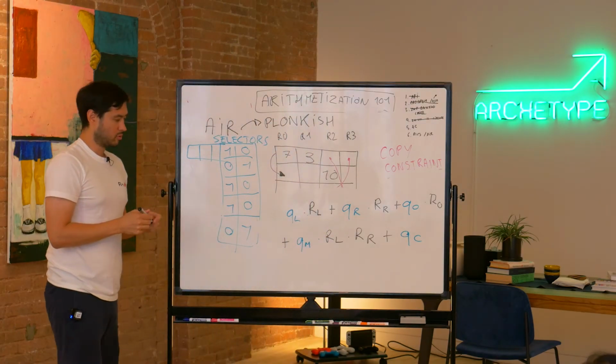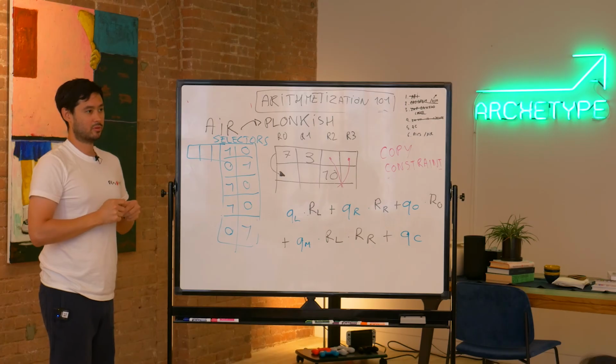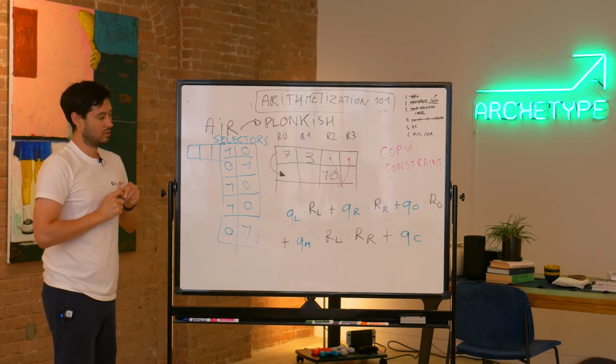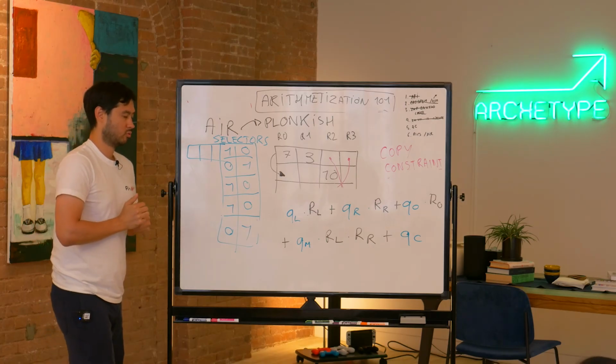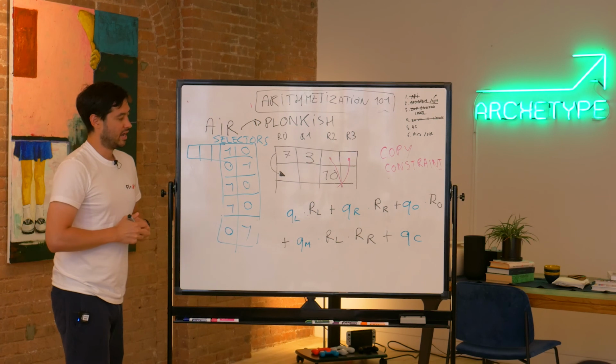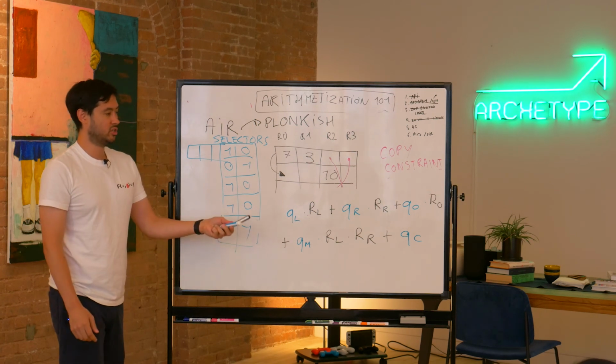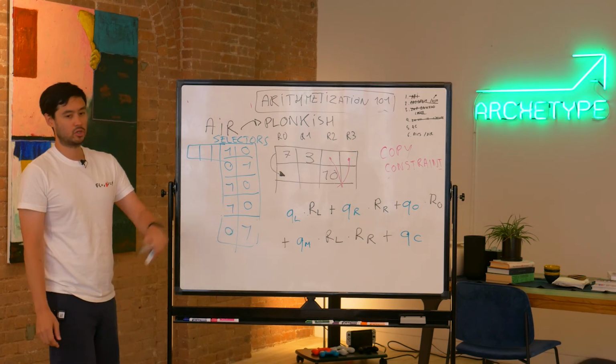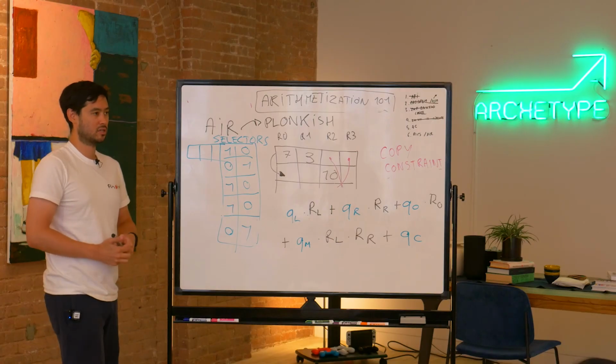If you don't know about Plonk, this is actually one of the most important things about it, so it's good to know. This is what I call the vanilla gate, the main gate of Plonk in the main paper. It allows you to do addition, multiplication, addition with constants, multiplication with constants, and so on.